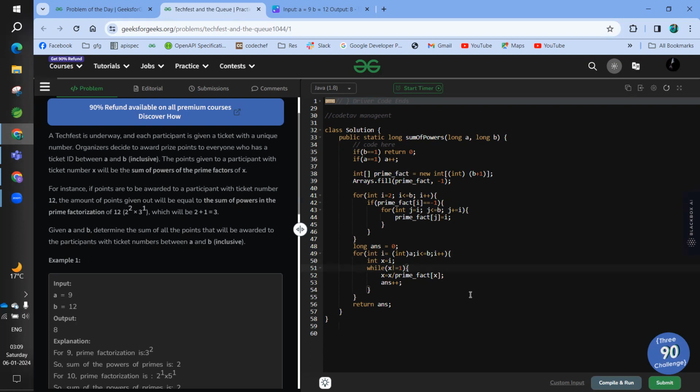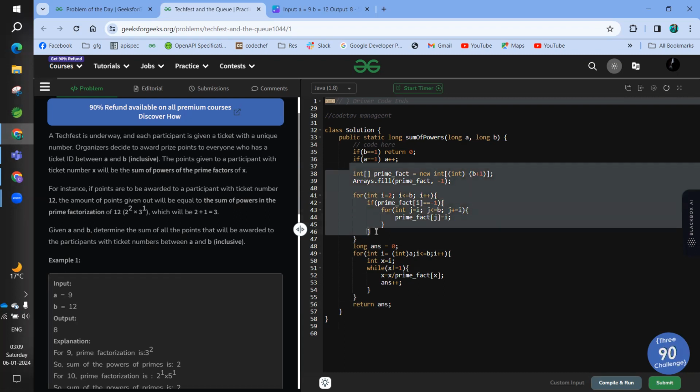Then in this way we will return the answer. This process is mainly for calculating and storing the prime factors in the array, which is the sieve of Eratosthenes.